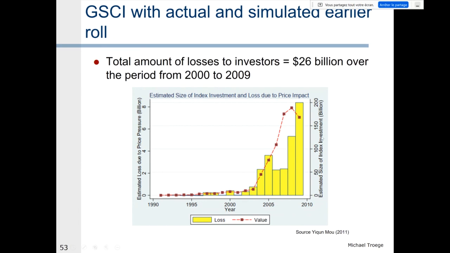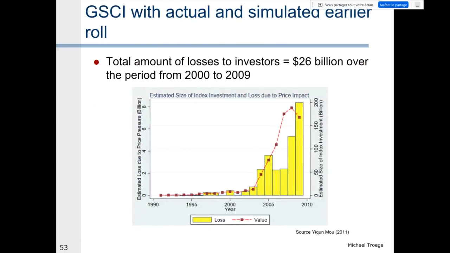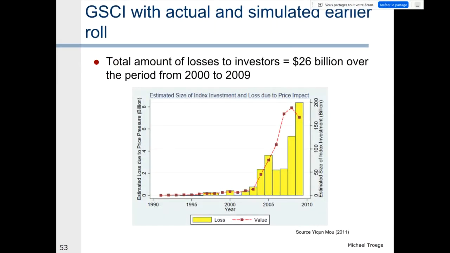That means that over this period, the losses to investors because of this stupid rolling strategy have skyrocketed. 26 billion lost for investors because of this roll.